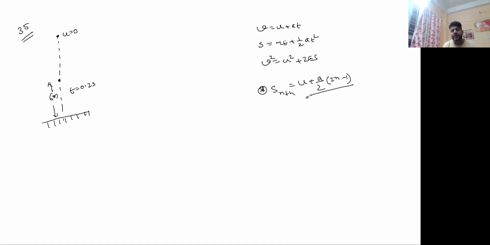This one is for the nth position, nth particle. Achha, here see, if these are in motion under gravity, so instead of acceleration we can use g.